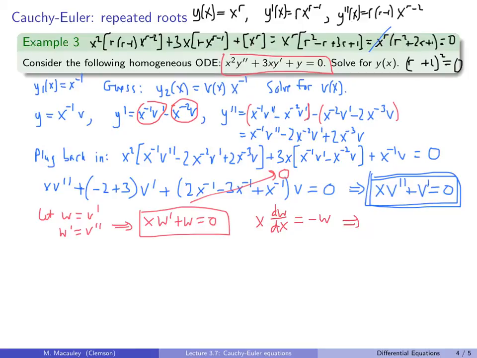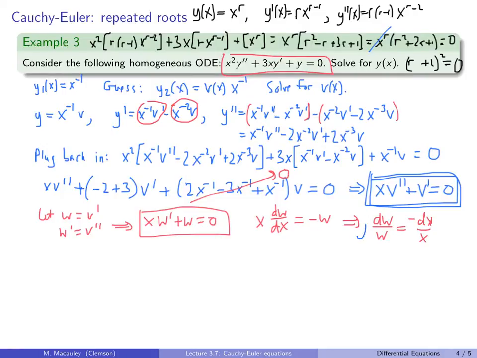So by separating variables, that means we put the w's on one side. So we have dw over w equals, let's be careful here, dw over w equals negative dx over x. Somewhere I'm going to have to put a negative sign here, so it doesn't really matter where I do it. Let's do it there.